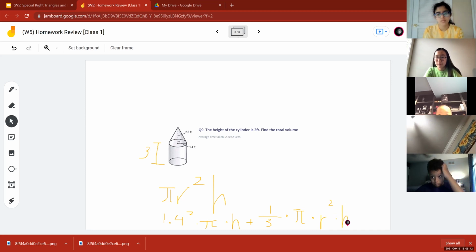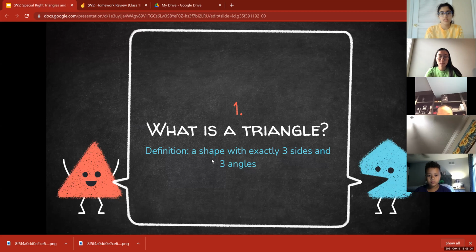The radius of the cylinder is 1.4, the radius of the cone is also 1.4, and the height of the cone is 2.6. So you would plug all of those values into this equation to get your final answer, which we're not going to calculate out right now. If anyone has any questions, feel free to ask them. And if not, we can move on.